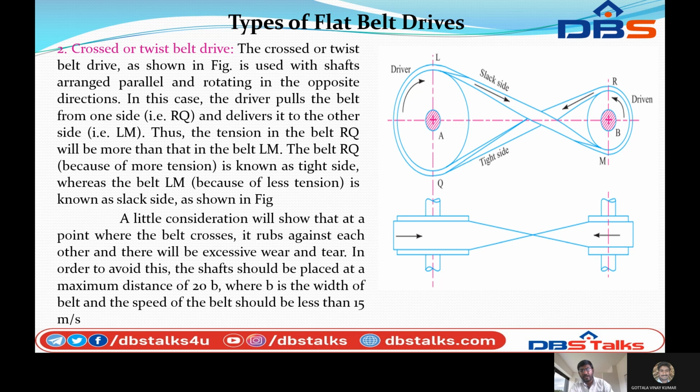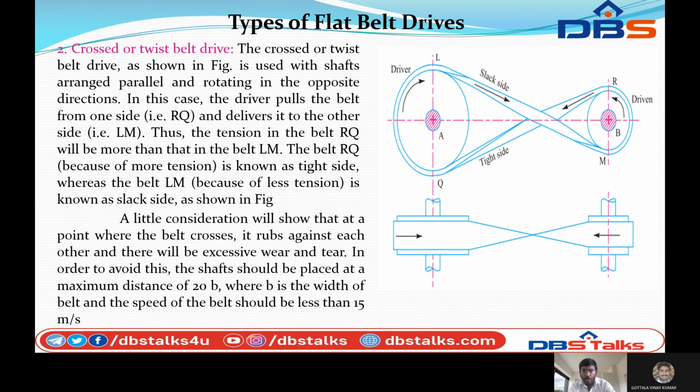Driver A rotates in the clockwise direction, and the driven small pulley rotates in the anti-clockwise direction. In this case, the driver pulley pulls the belt from one side, which is RQ. This is the arrow mark shown in the figure. RQ is one side of the pulley, and it is delivered to the other side, LM.